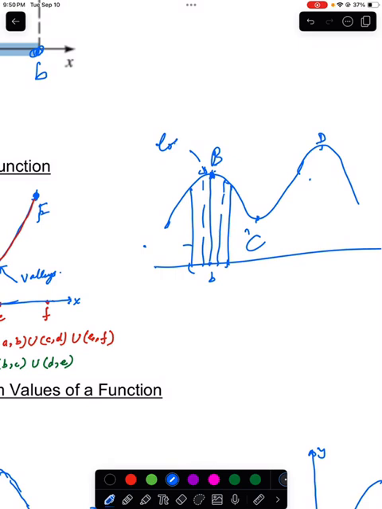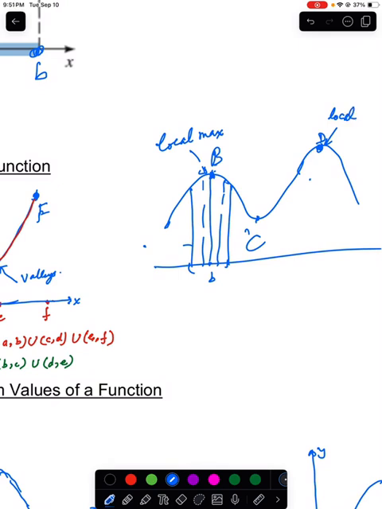And in the same way, the y value at D is called a local max. So a graph can have more than one local max and more than one local min. So we call this local max.